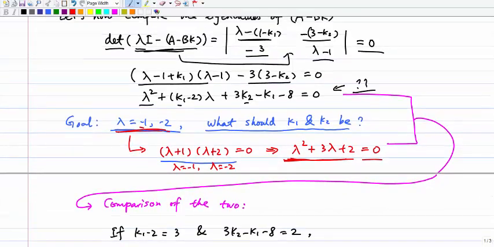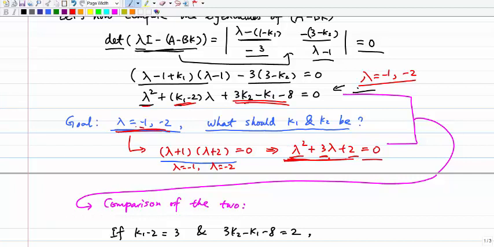So what we have to do is compare. Because the lambda squared term is the same, if I set this value to be 3 and this whole value to be 2, the two equations will be the same. Then lambda will be just -1 and -2, right? Because the two equations are the same, the eigenvalues will be lambda 1 and lambda 2.